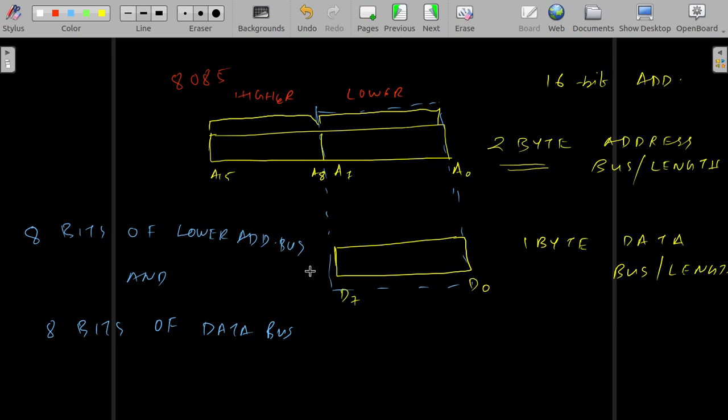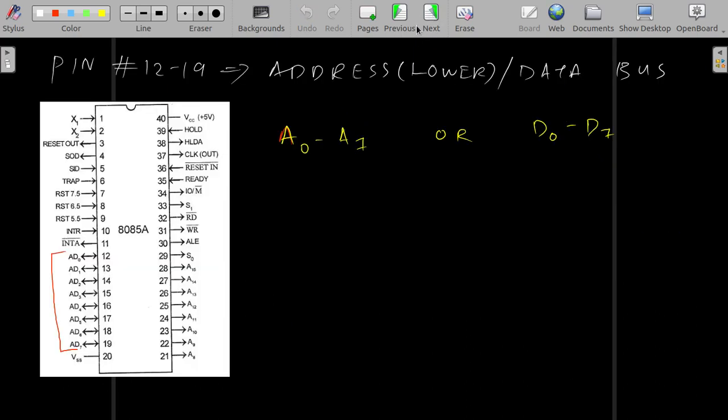Basically, instead of using 16 pins, we are using 8 pins. Dual purpose pins.